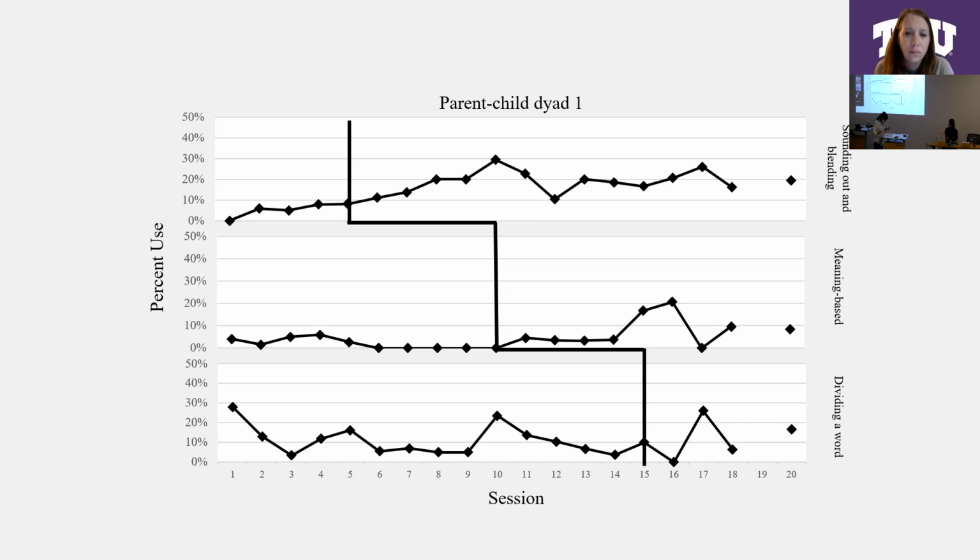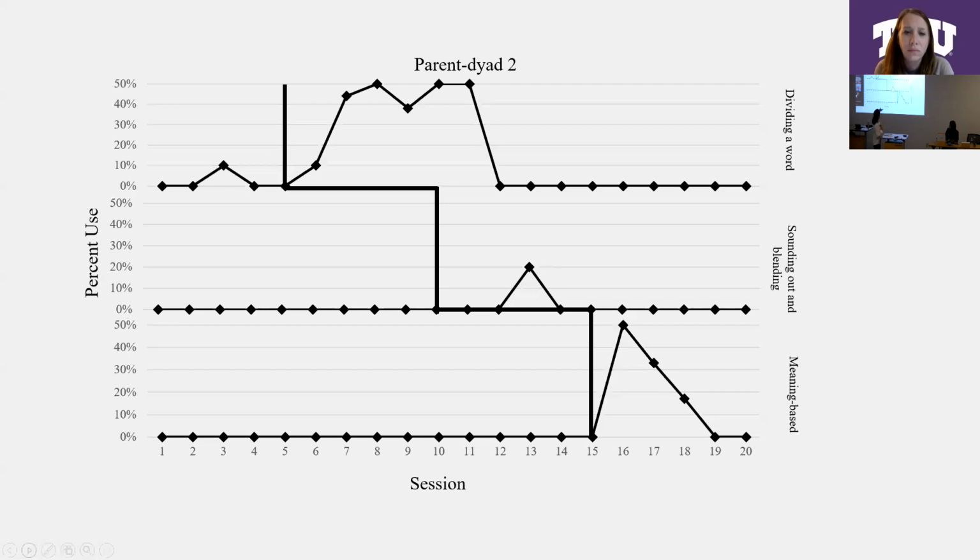And this is where I have to go to my notes. So what I looked at, and you can go to the second one so they can just see it as well. So same thing for this parent, although the order of the intervention strategy shifted. I look at level, and I didn't get to go to the single case training, so hopefully this is correct.